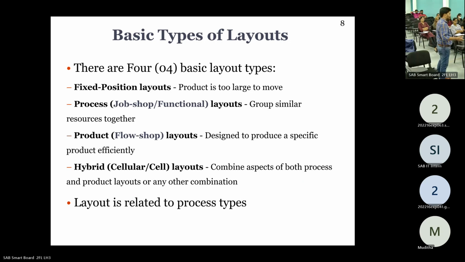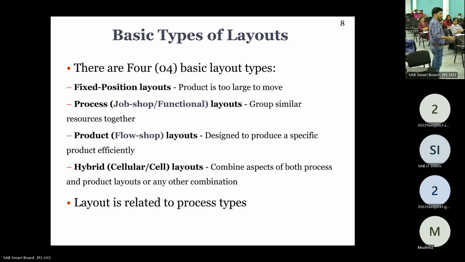Namely, there is one called fixed position layout. And then most of the organizations may use the second one, we call it process-oriented layout, also known as functional layout or job shop layouts. We need to know the main characteristics of them, how they are different from each other, and where to use which type of layouts, and why.